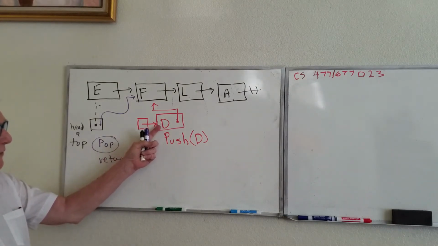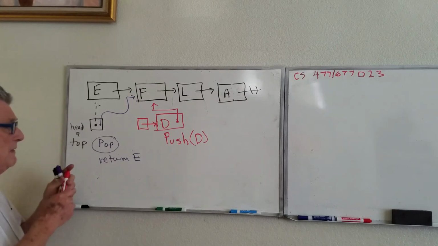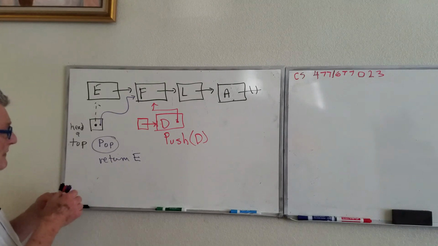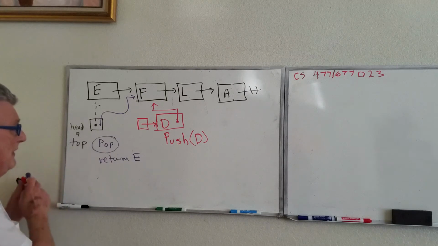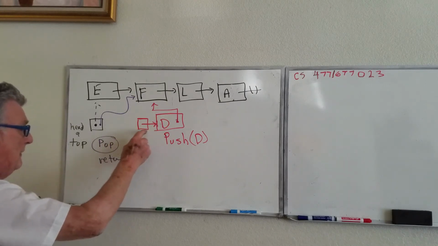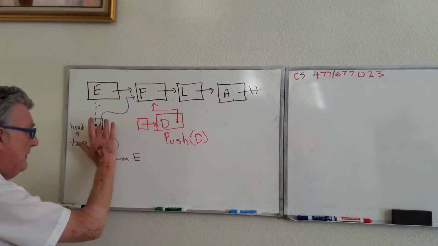Now, this is a dynamic variable. It's not really local in the same sense that this one is, and so it won't go away when we leave the procedure. But what's important is this does go away, which means that we have to copy the variable from the temporary pointer into there.